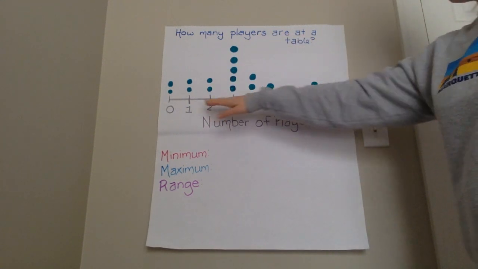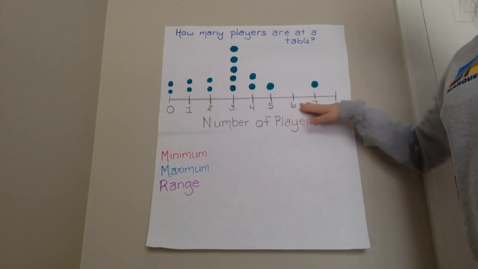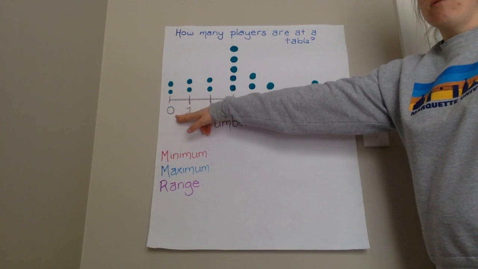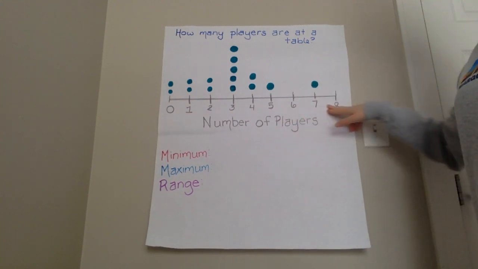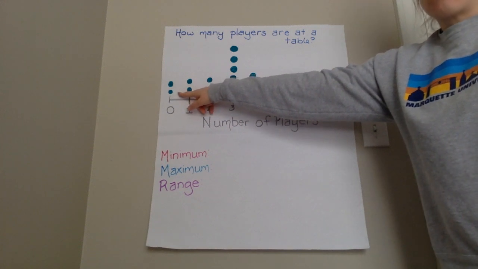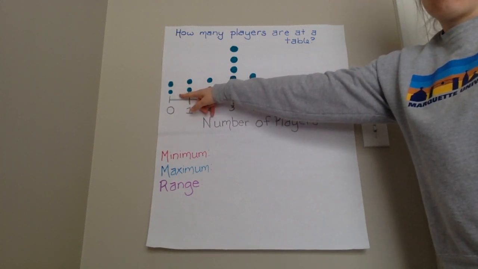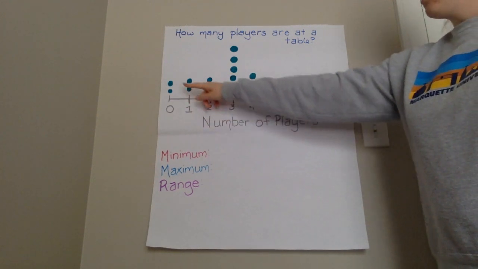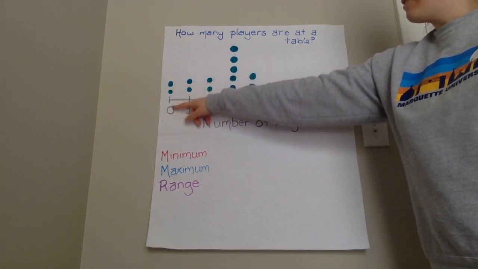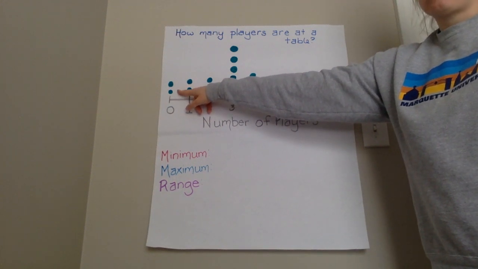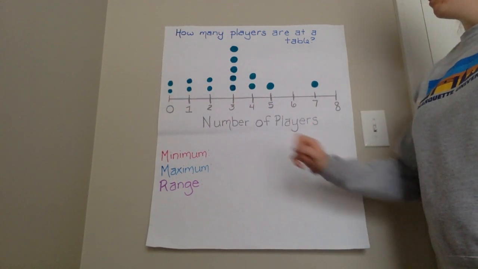okay? And here is our dot plot representing the data. It starts with 0 and goes all the way till 8. Each dot represents that there was a table with that many people sitting on it. So we see here that at two different tables, 0 people were sitting at those tables.